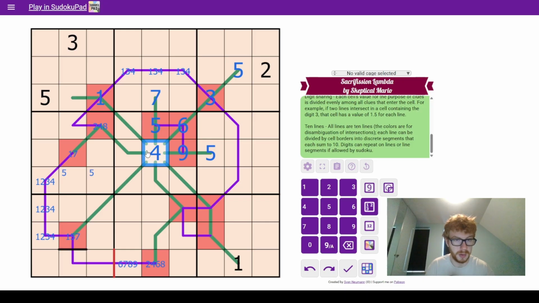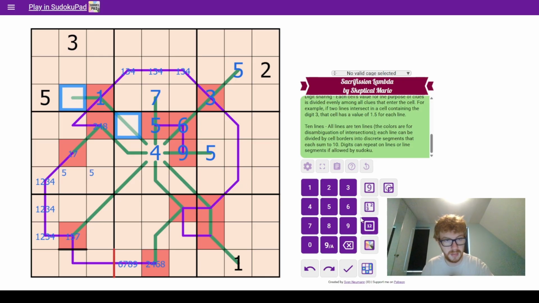But they can sum to a whole bunch of stuff. Okay. This is a 10 line, and they sum to 1, so these together sum to 9. So 4, 5 doesn't work. What can this be? Oh, not this one. I wanted to look at this. 1, 2, 3, 4, 5, 6 doesn't work. 7 or 8.